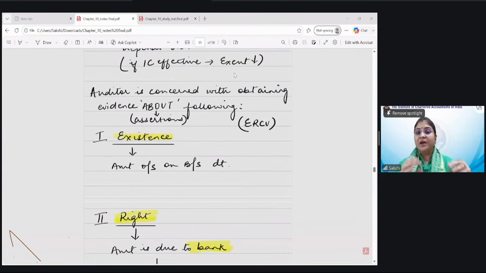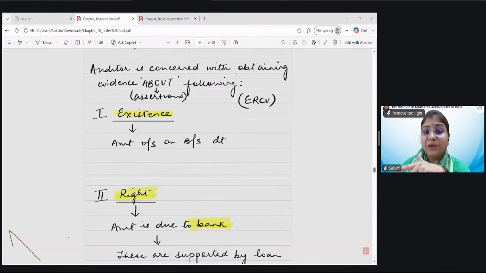Let's first discuss the areas where the auditor is concerned about obtaining evidence. Number one is existence: that the amount standing on the balance sheet date existed on the balance sheet date, the balance that stood as on 31st March.